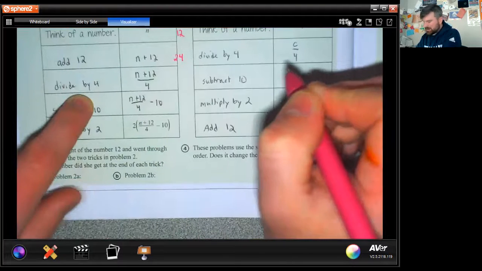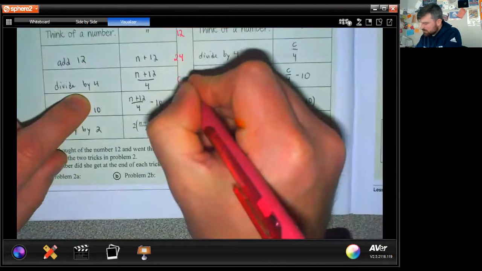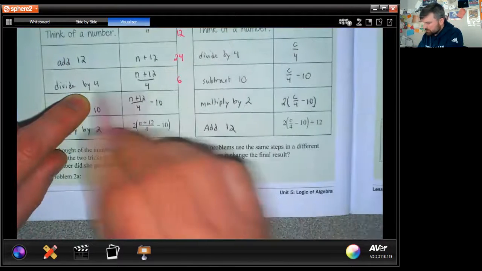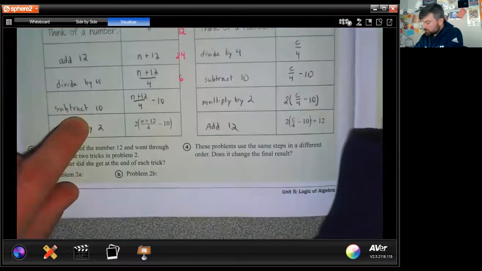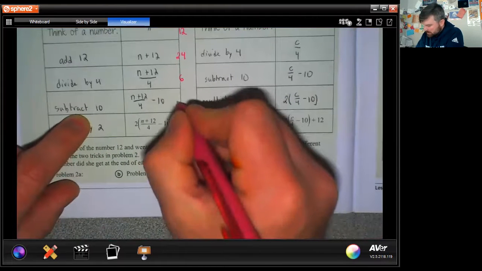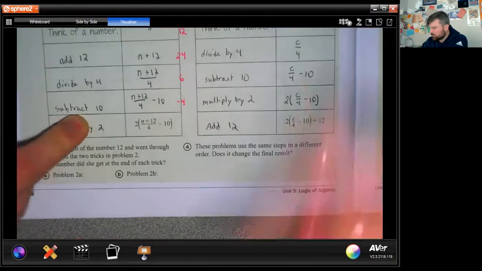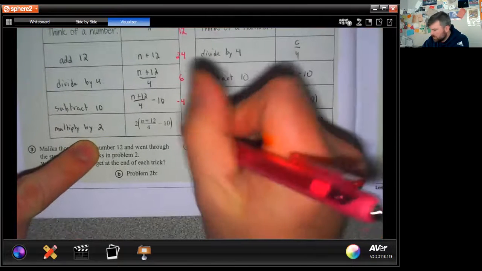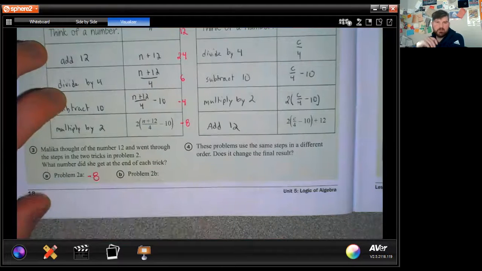If I divide that by 4, I would get 6, because 6 times 4 is 24. Subtract 10, so I'm going to get -4. Multiply by 2, I'd get -8. So that's a -8 for that one.